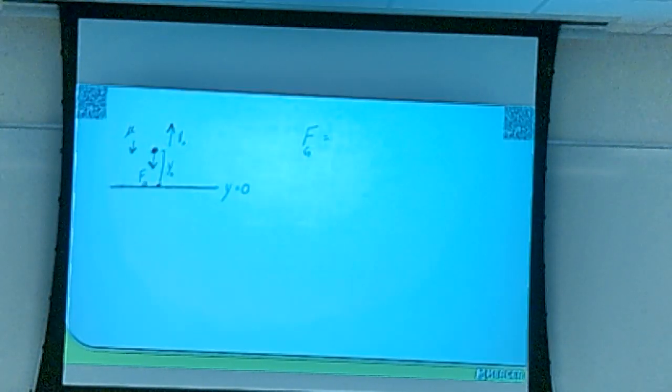Force due to gravity, negative mg, right? Mass times acceleration. They told us that the drag is proportional to velocity.